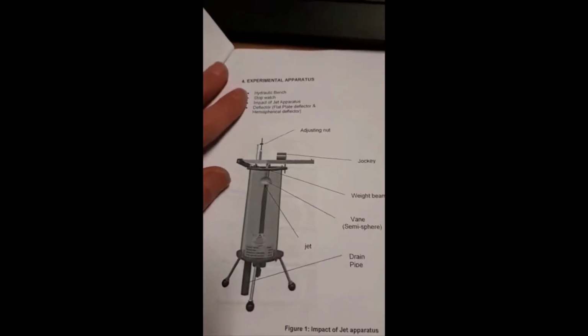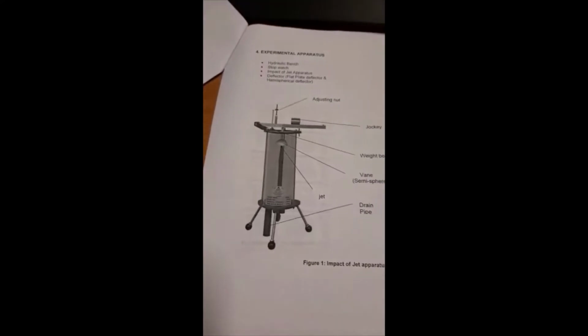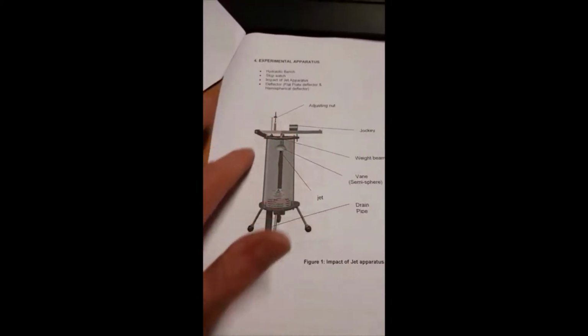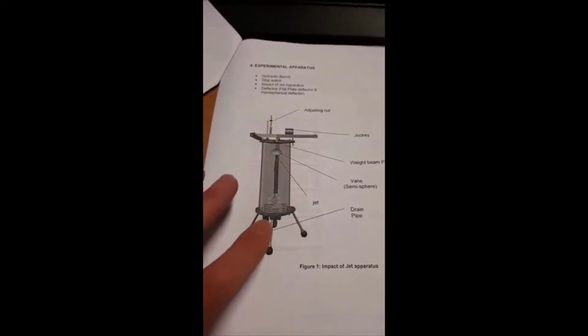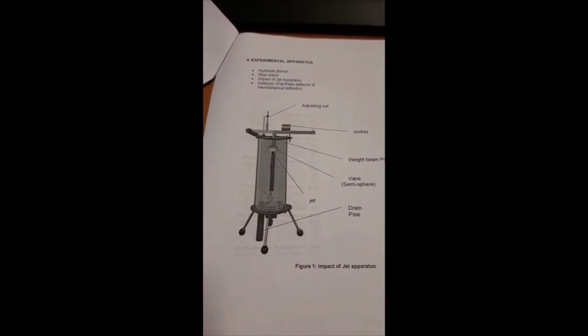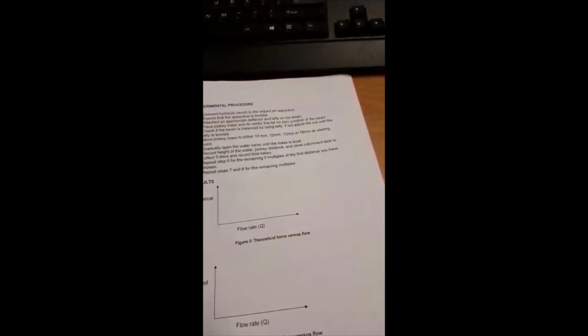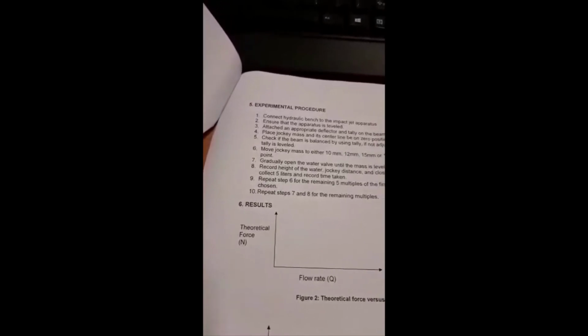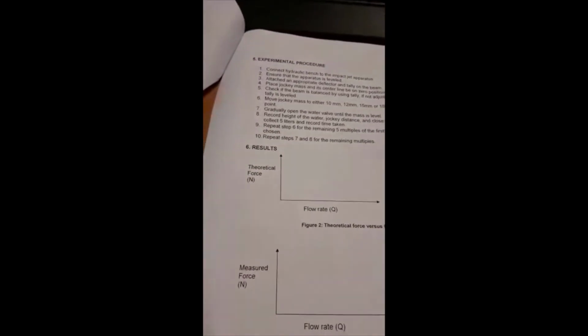Next section is the experimental apparatus. That's the apparatus we'll be using for the experiment, and I'll say more about this once we go into the lab. Then we have the procedure. The procedure I will cover in a later video, and the results.